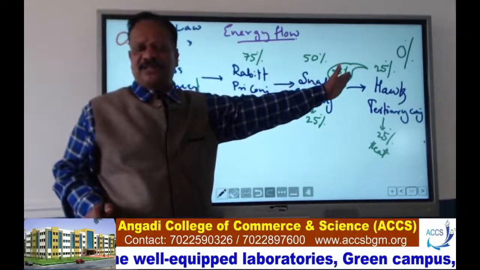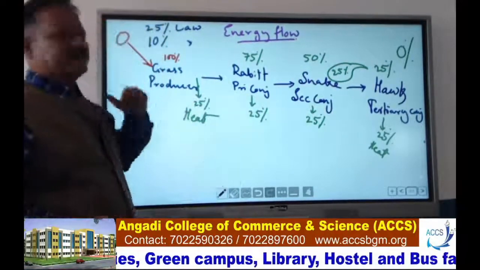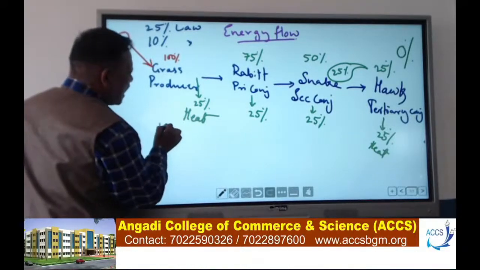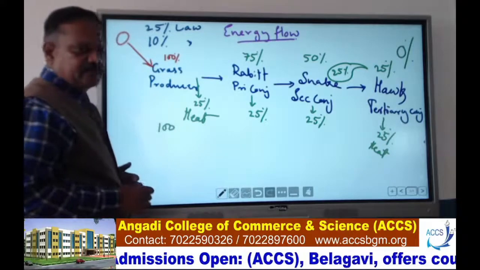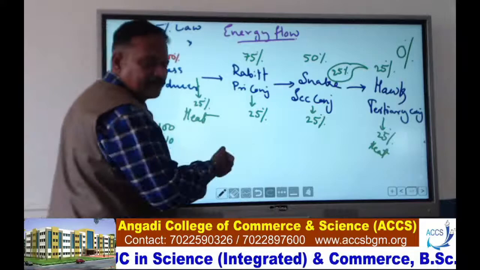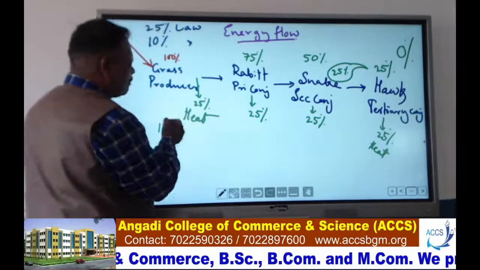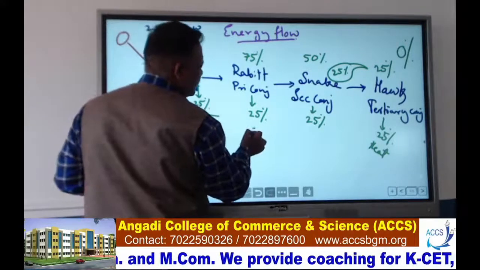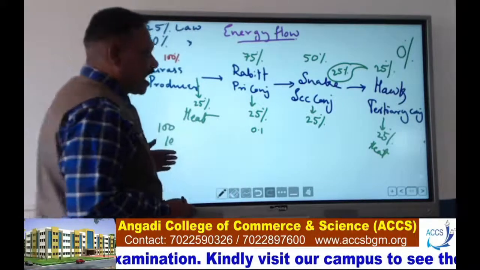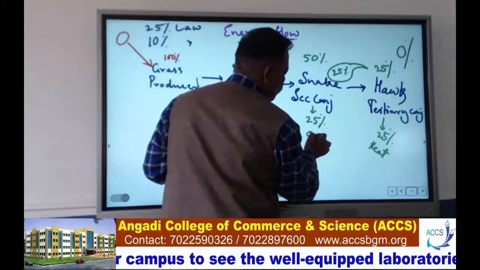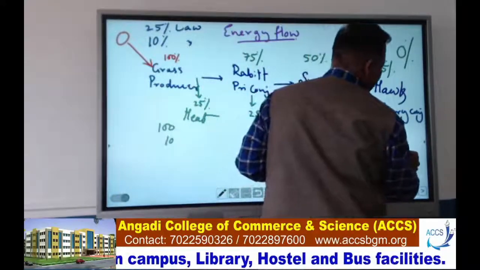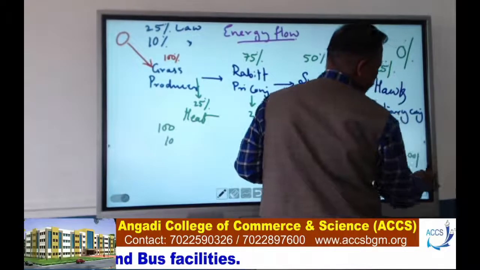So in this way you are observing the 25% law. In the same way, you can take the 10% law also. Say, for example, here is 100% of energy. Here 10% is lost, 90% is passed. Or you may say, when you are taking 10%, whatever energy is coming here is 0.1%, and here it becomes 0.01%, and finally it becomes 0.001%.